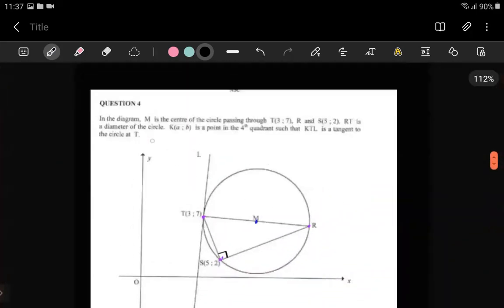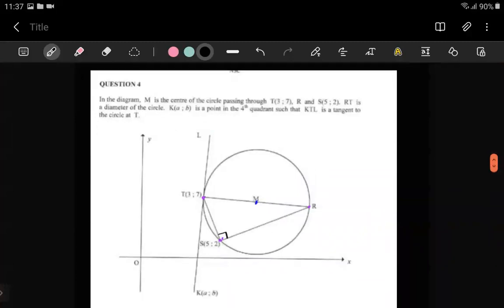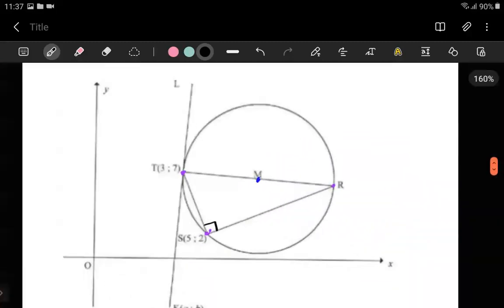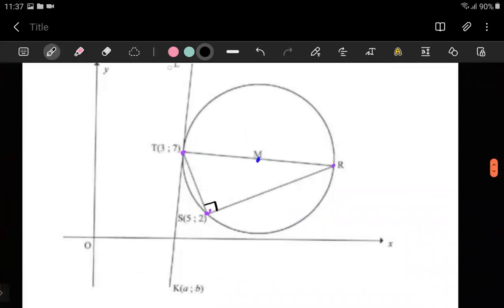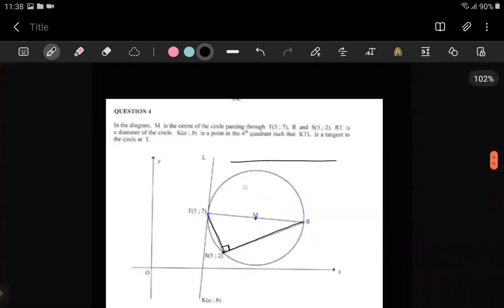Whenever you say something is subtended, the English flies over my head. Okay, so think of this as a rope. It's tied here, and then it's stretched towards R and towards T. If you hold the rope here and pull each end to one side, you're going to have something like this.